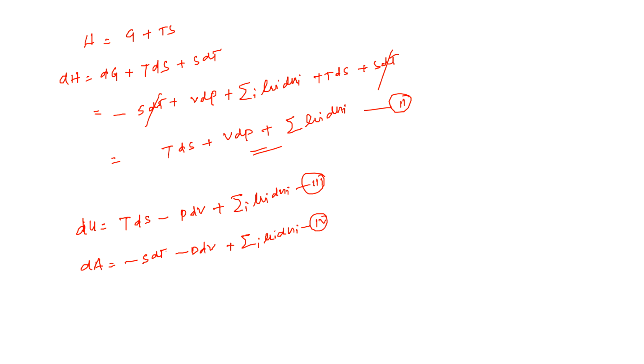So overall four fundamental equations can be derived for a system of variable composition.